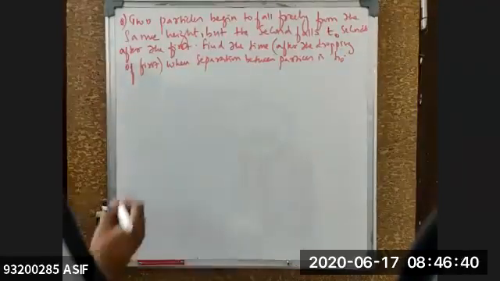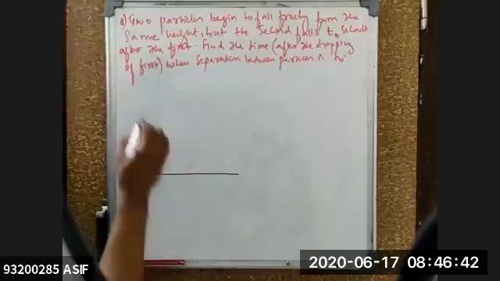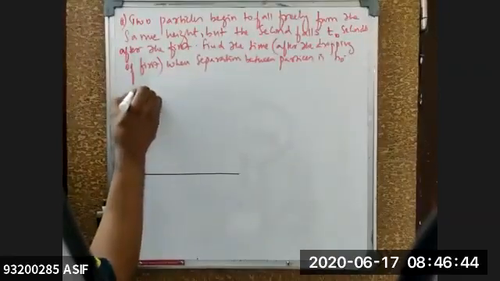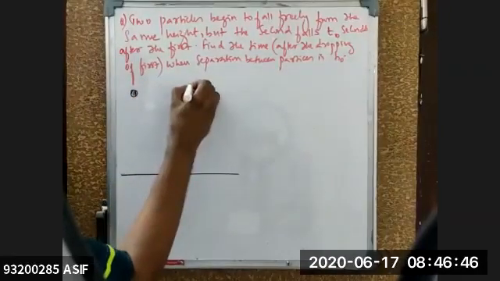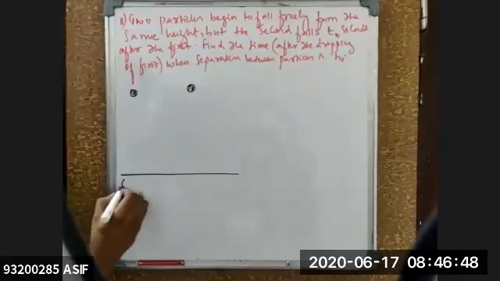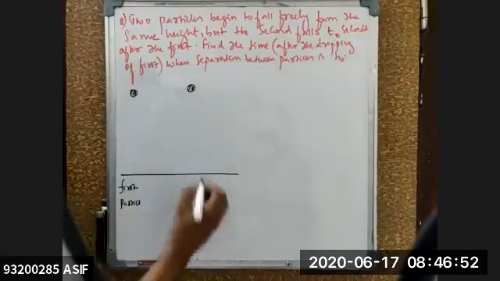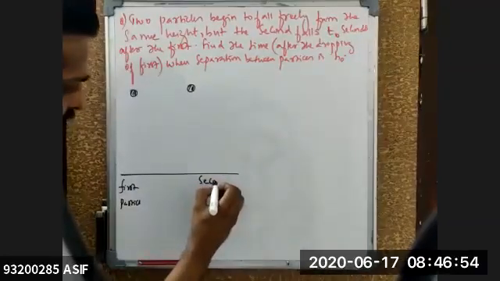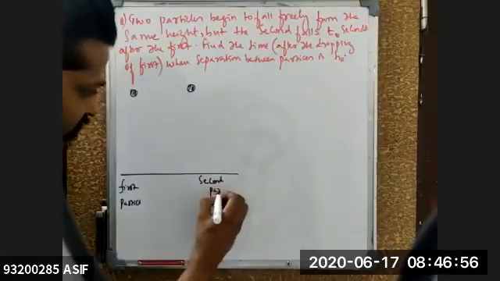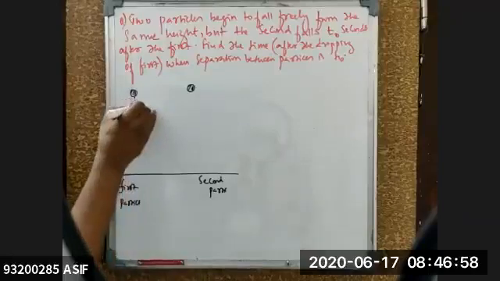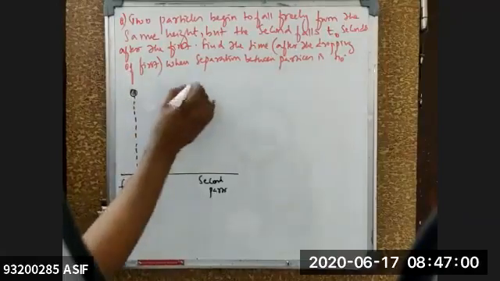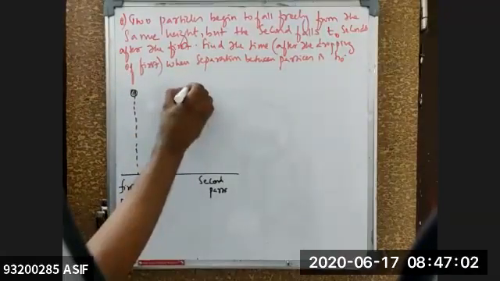First try to draw the diagram, you'll get clarity in that. This is your first particle and this one is your second particle. So they are falling a distance like this, and this is also falling from the same height.